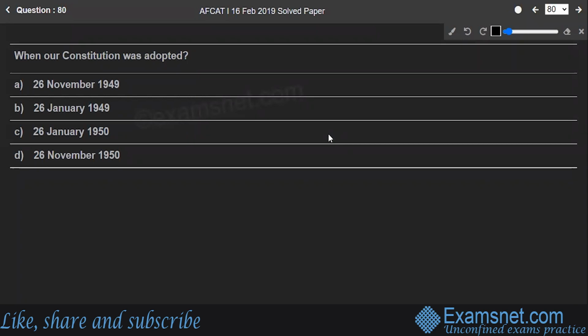Question number 80. When was our constitution adopted? 26 November 1949, 26 January 1949, 26 January 1950, or 26 November 1950? Well, the Republic is governed in terms of the Constitution of India, which was adopted by the Constituent Assembly on 26 November 1949.